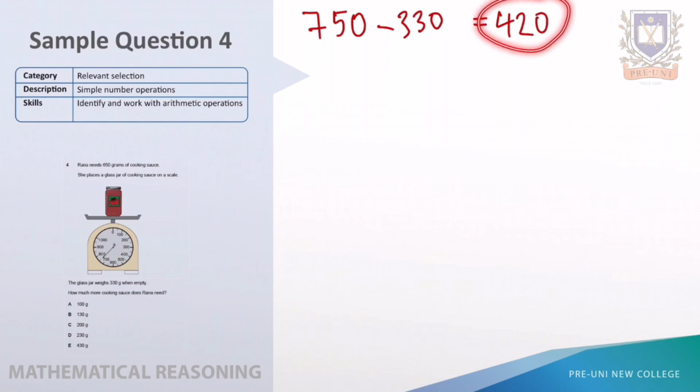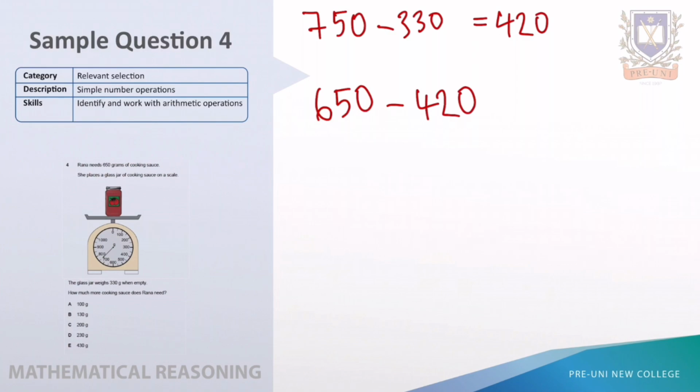So this is how much Rana has now, but the next step is to identify how much more she needs. In the very first sentence, we are told she needs 650 grams. So to figure out how much she needs left, we would need to do 650 grams minus 420, because 420 is the current amount of sauce she has.